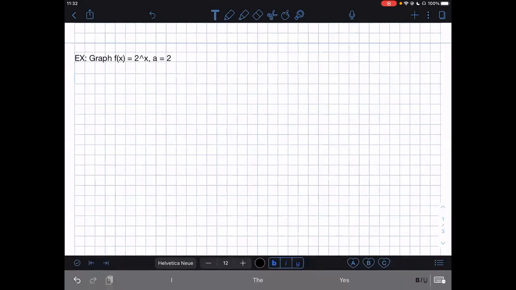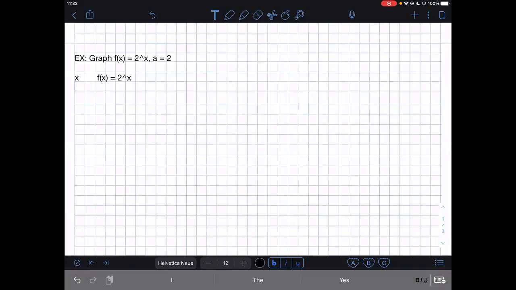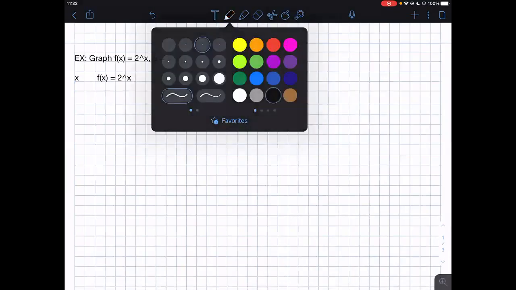So let me set up a table here. Here we're going to have x, and here we're going to have f of x, where f of x is 2 to the x.